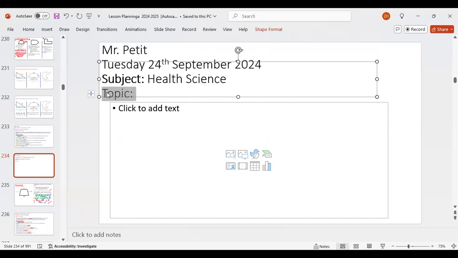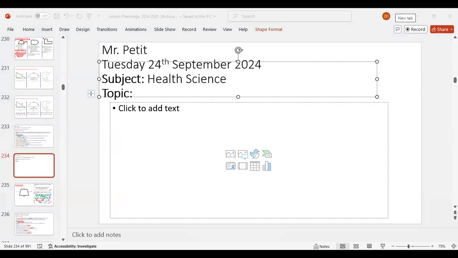All right, next. The last time we were doing health science, we were talking about deficiency diseases. A deficiency disease is when you lack a certain vitamin or mineral, and it causes problems. When you lack calcium and vitamin D, what do you have? Rickets.